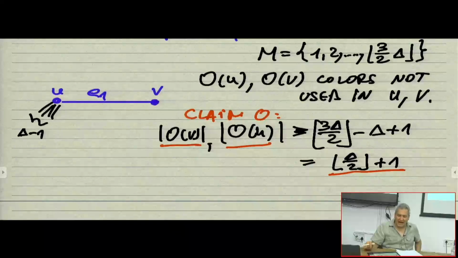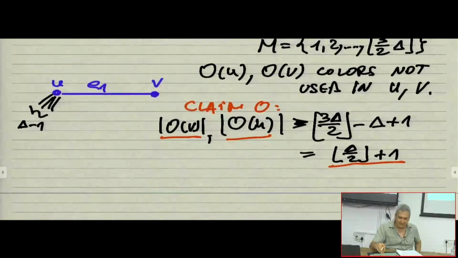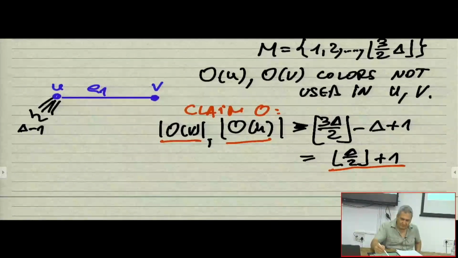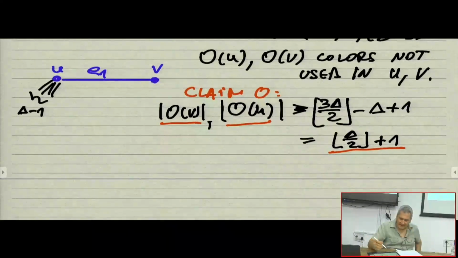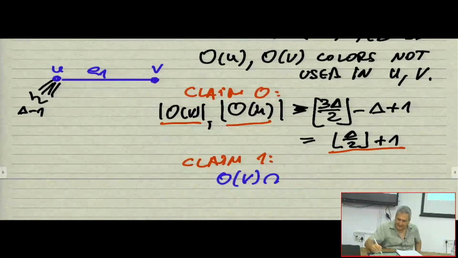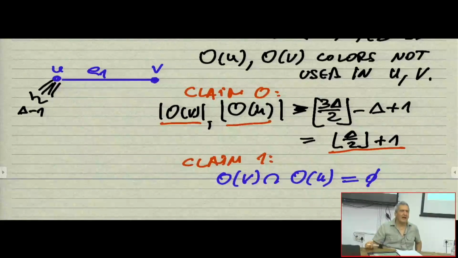What do you think? Are these lists disjoint or can they have some common element? Claim 1: these sets have empty intersection.